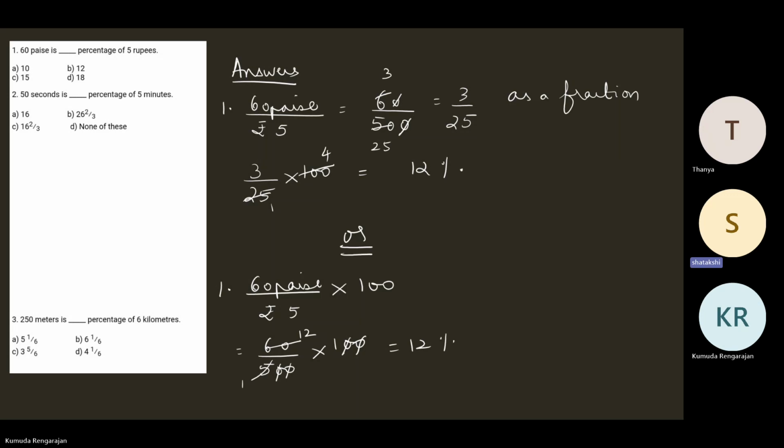Ma'am, I wrote this 60 by 100 into 500. Oh, no. To find percentage, you always multiply by 100. But I got 12%, ma'am. How can you get 12%? You'd have got 120.